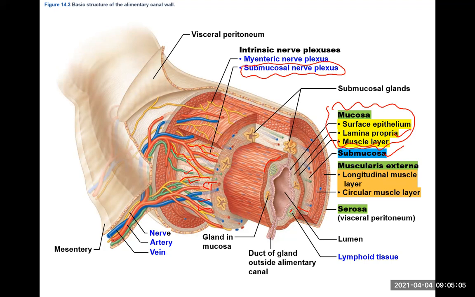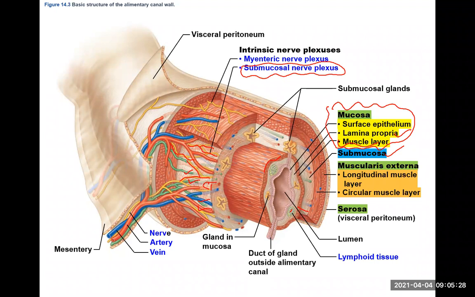First of all, you have to remember that your gut or alimentary canal is somewhat special. Why is it special? Because it has its own nerve supply. It is not dependent on the central nervous system.